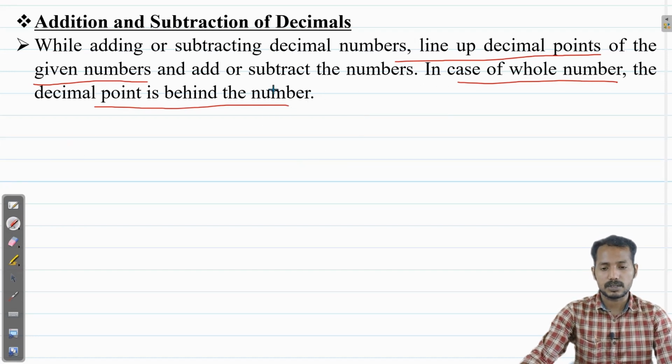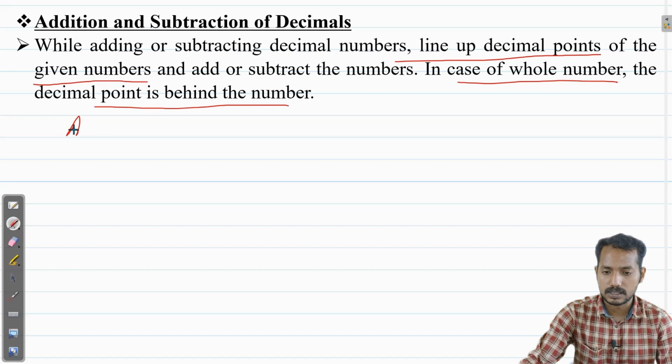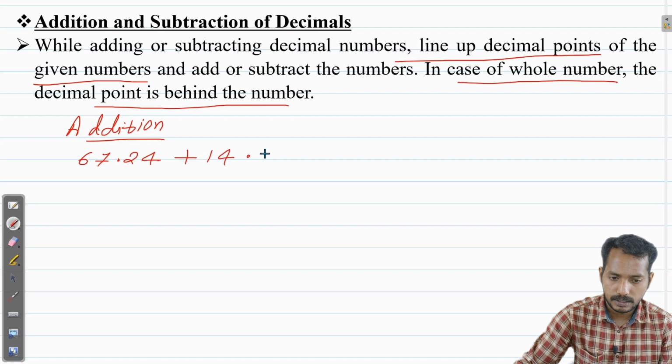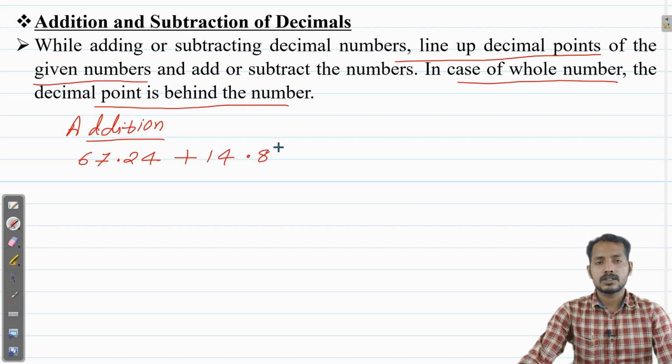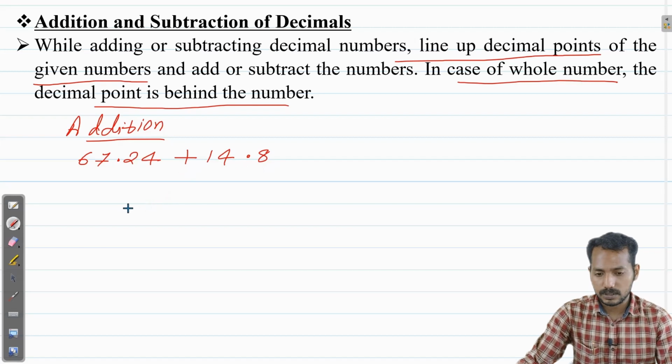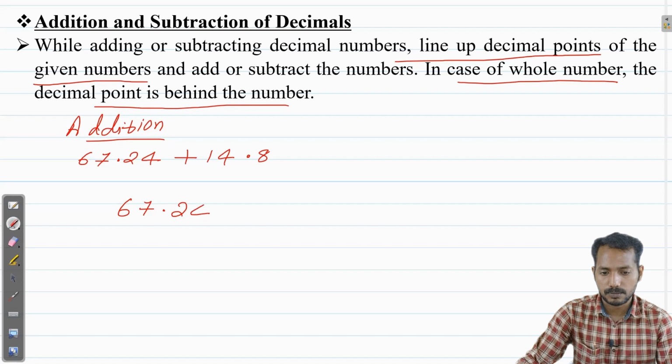Let's take some examples to understand. First, I am going to discuss addition. Let's take 67.24 plus 14.8. See, these are two decimal numbers and we are going to add them. While adding, write 67.24.